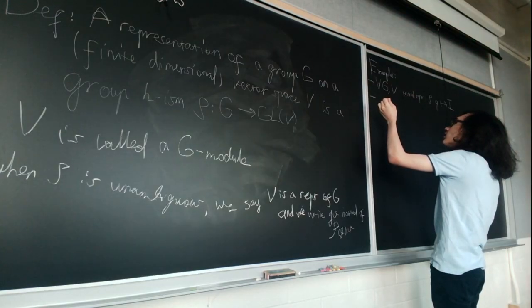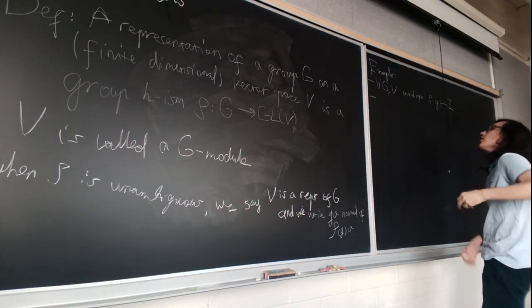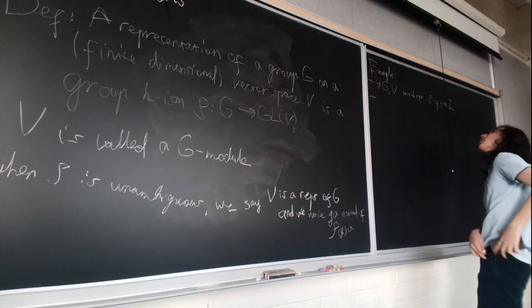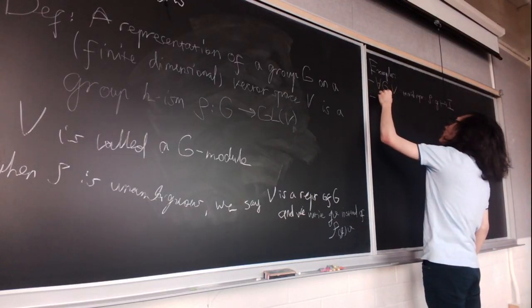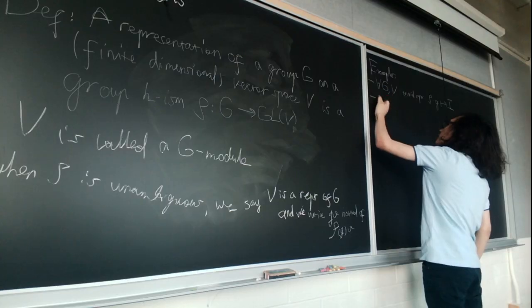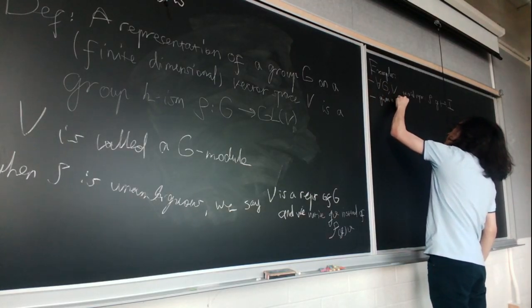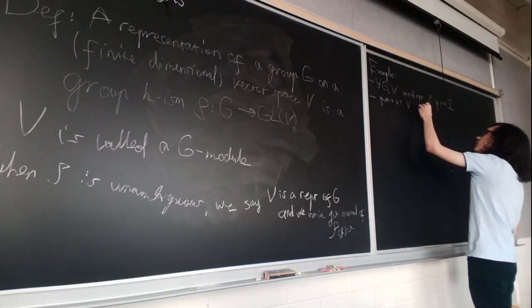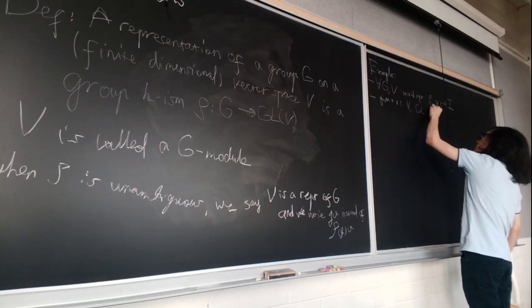Then, if we pick a vector space V, there is a nice group homomorphism from GL of V to itself.